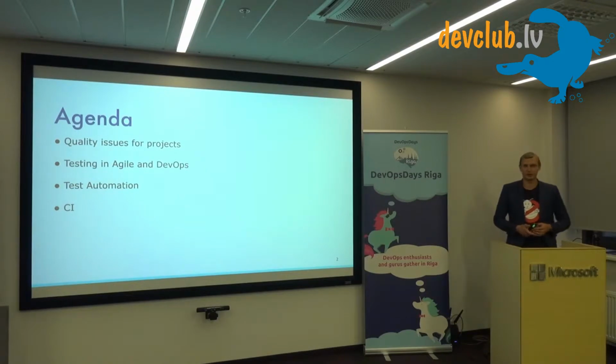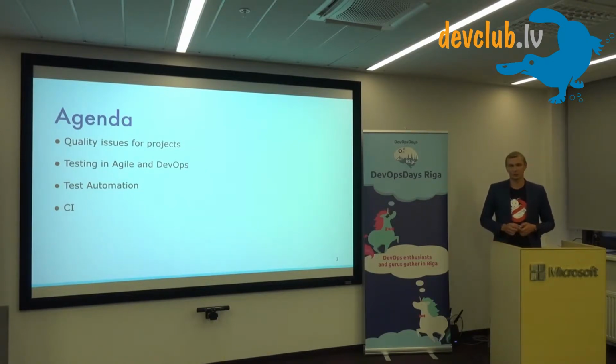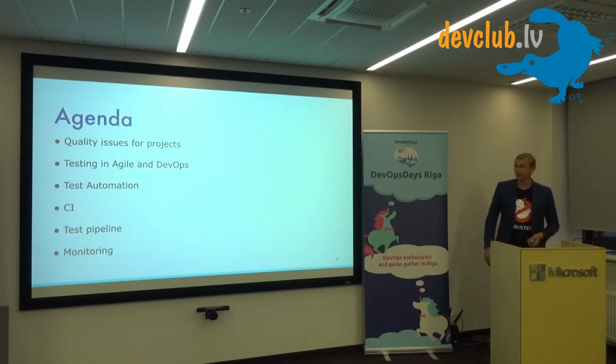Also, I will show the CI process, how we are creating it, including the test pipelines, and also how to use monitors, how to monitor your system or test it after it's in production.